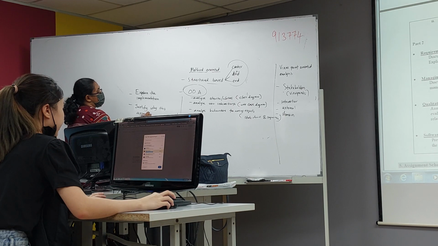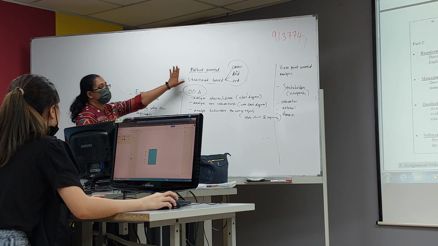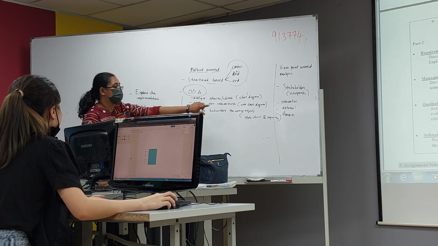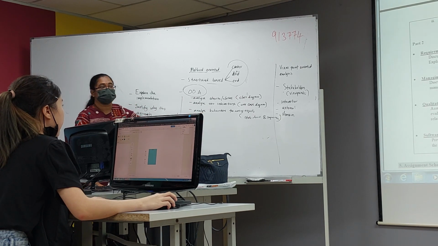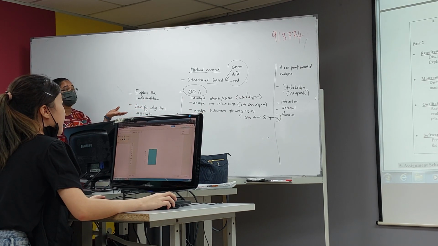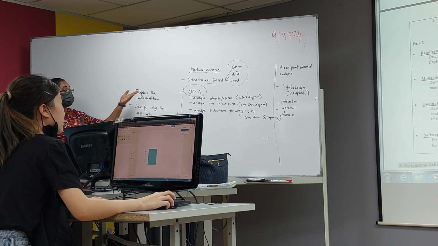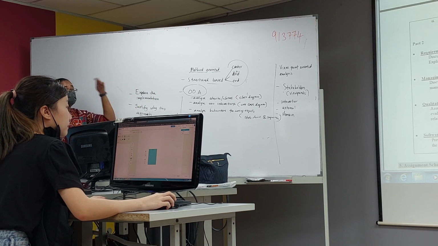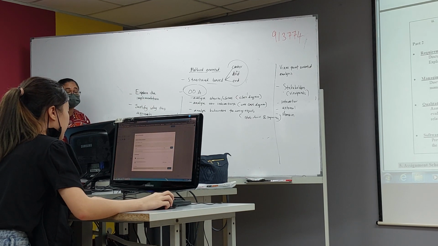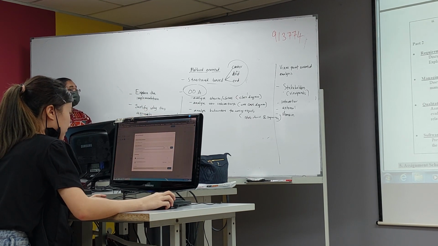So now, how many choices you have? You can actually ignore this between these two. Either you go for viewpoint oriented analysis or you go for OOA, object oriented analysis. So explain how you carry out object oriented analysis and justify why this approach.